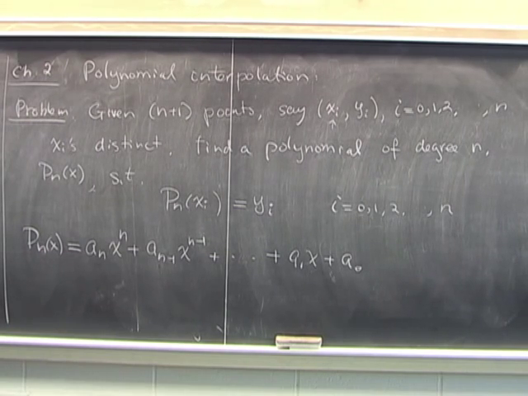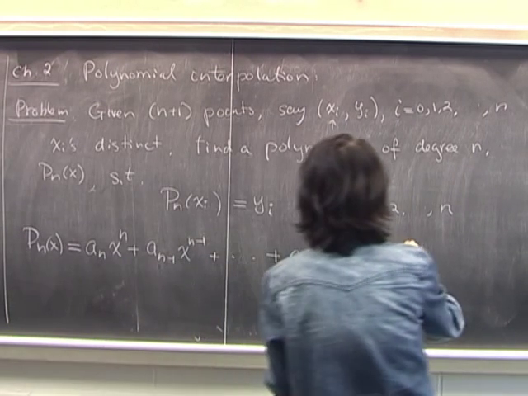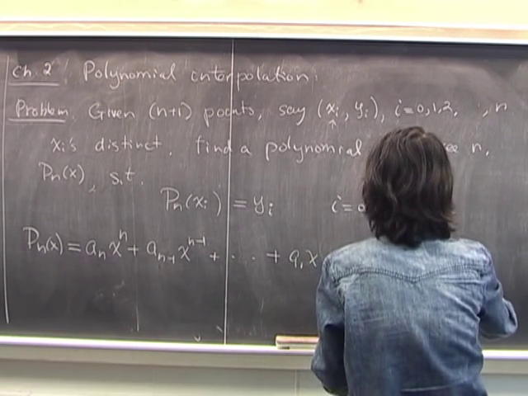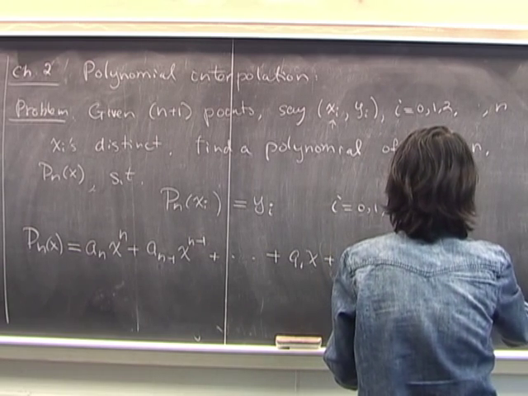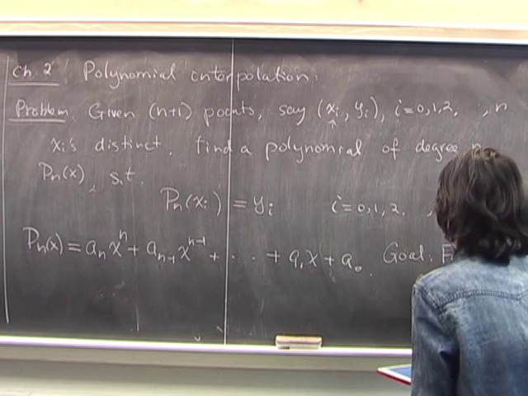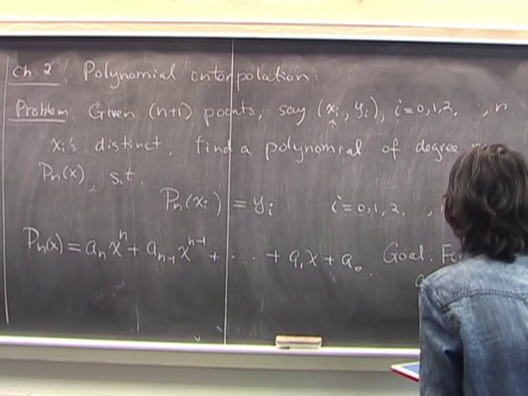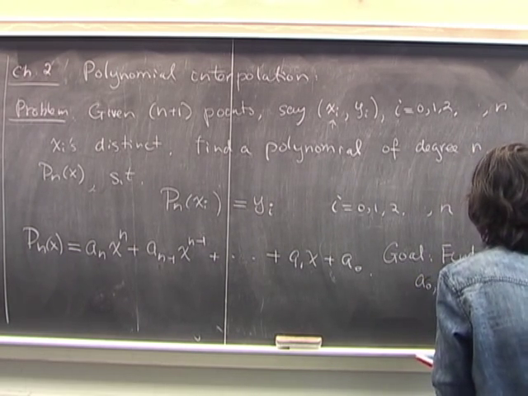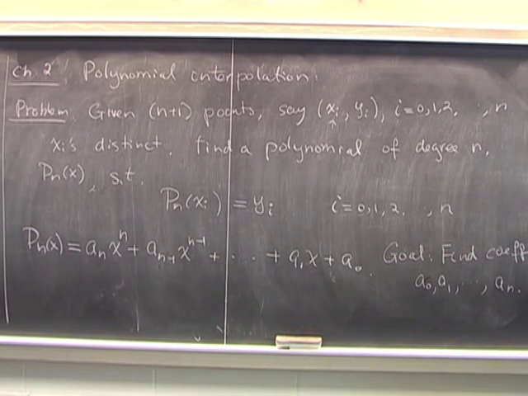Once they are chosen, you have the polynomial. It's determined, right? So your job now is actually to find those coefficients, isn't it? Okay, so this is our goal here, to find these coefficients, a0, a1, all the way to an.